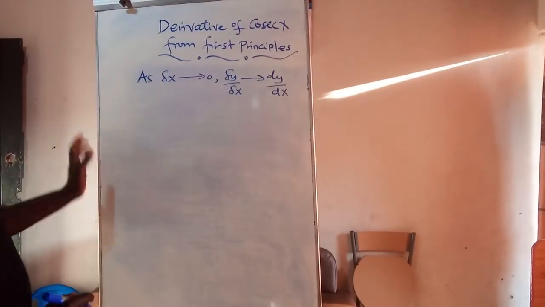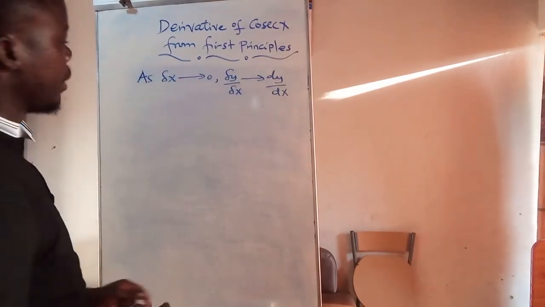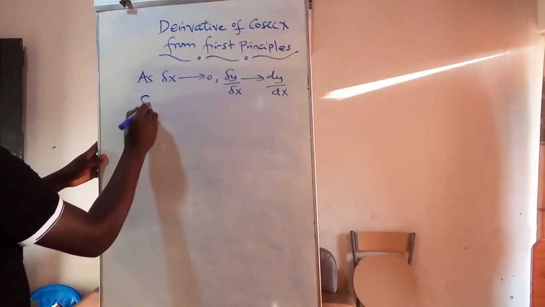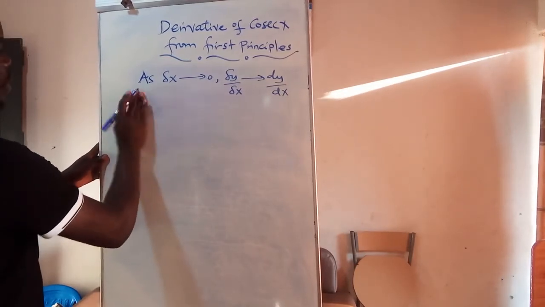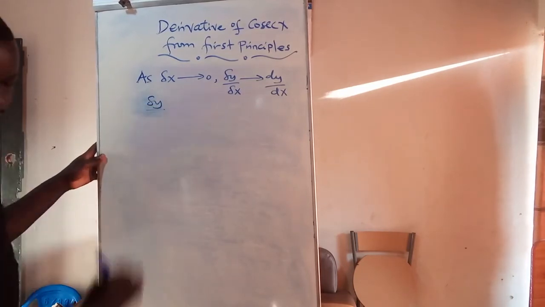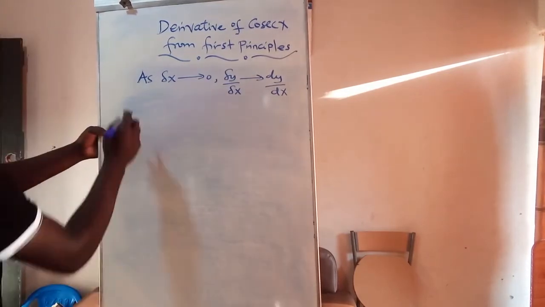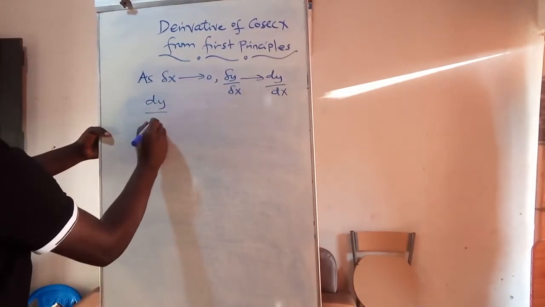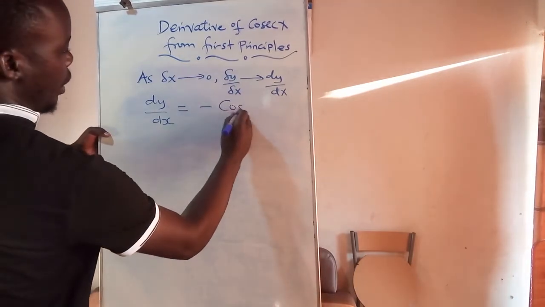So now we say as delta x tends to 0, delta y over delta x tends to dy dx. What does that mean? From the previous step, our delta y over delta x has now tended to dy dx. So I will have dy dx is equal to minus cos of x.